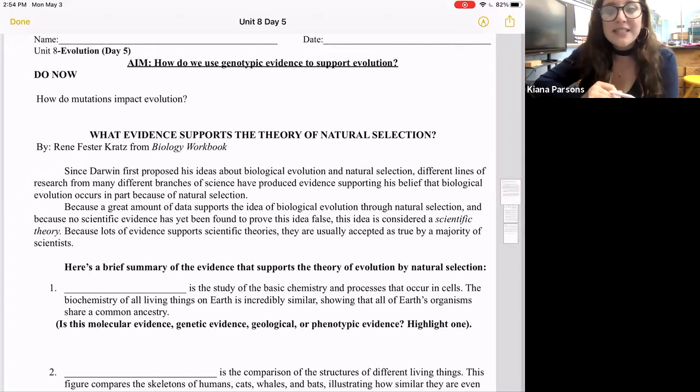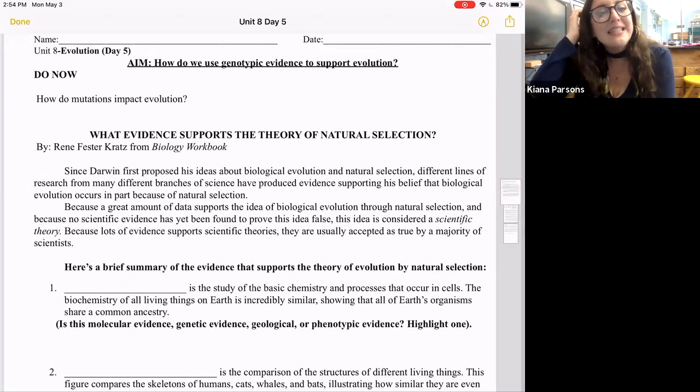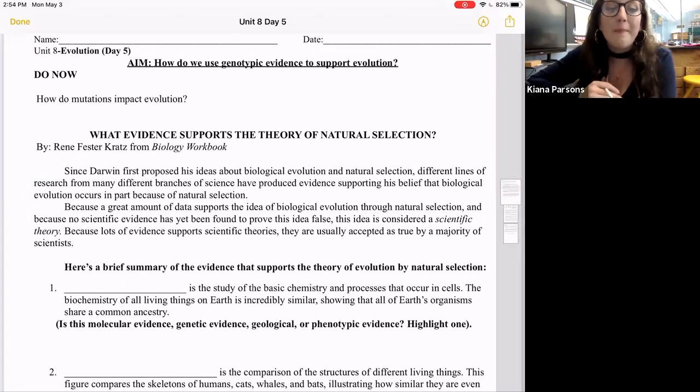What evidence supports the theory of natural selection? Since Darwin first proposed his ideas about biological evolution and natural selection, different lines of research from many different branches of science have produced evidence supporting his belief that biological evolution occurs in part because of natural selection.